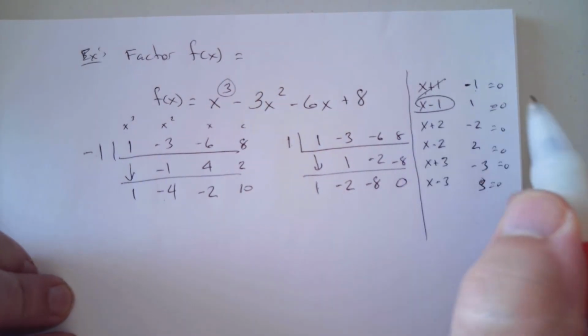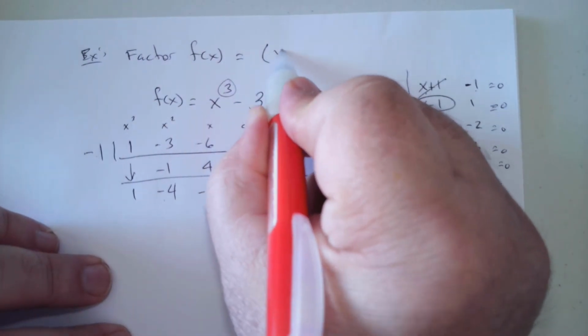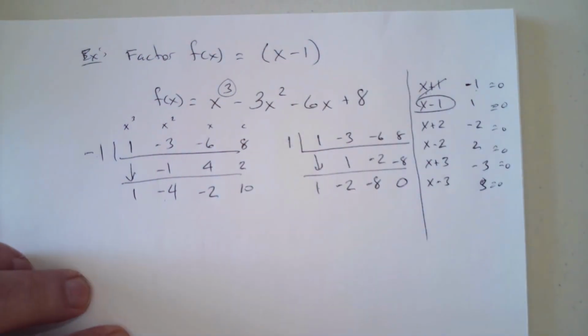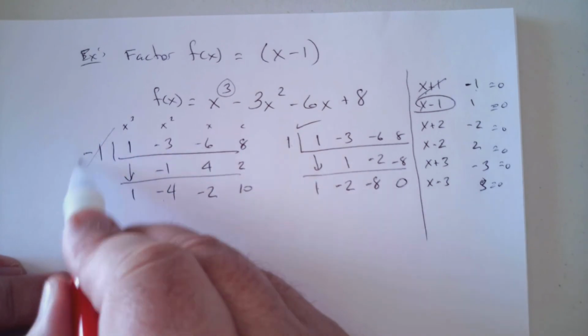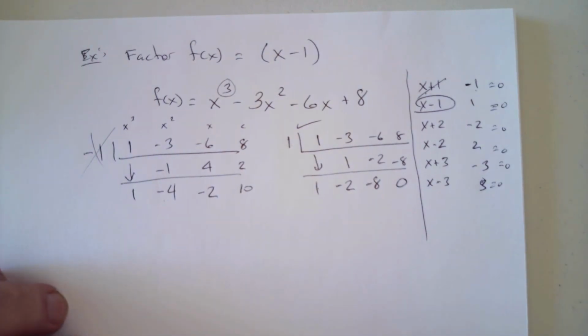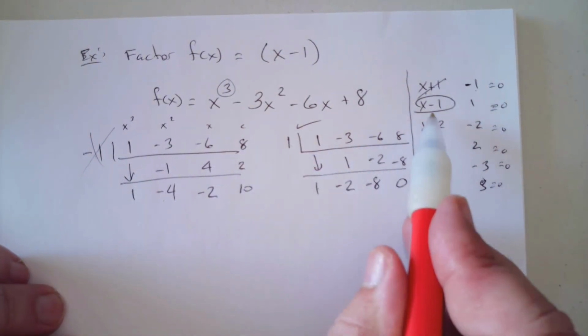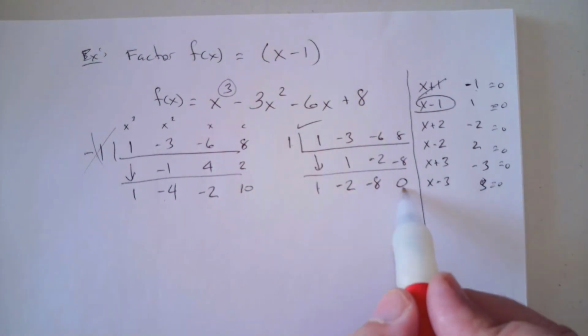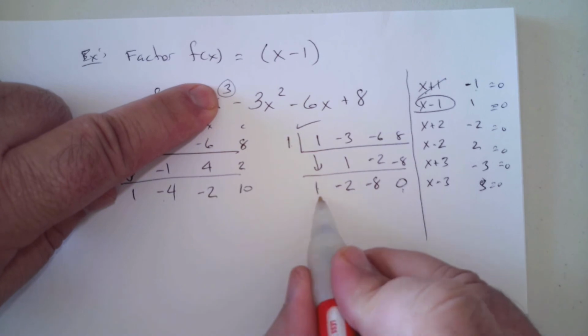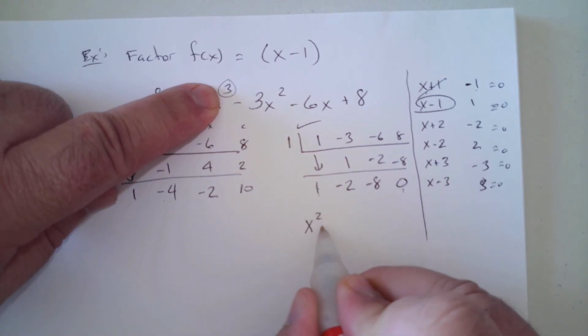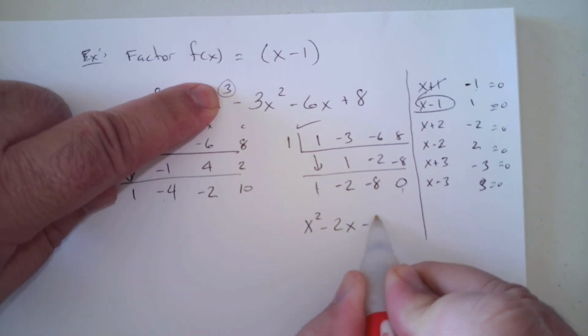So we know that x minus 1 is our first factor. Since 1 worked, it means x minus 1 is a factor, because the remainder is 0. Which means, since it started off with x cubed, this one is x squared minus 2x minus 8.